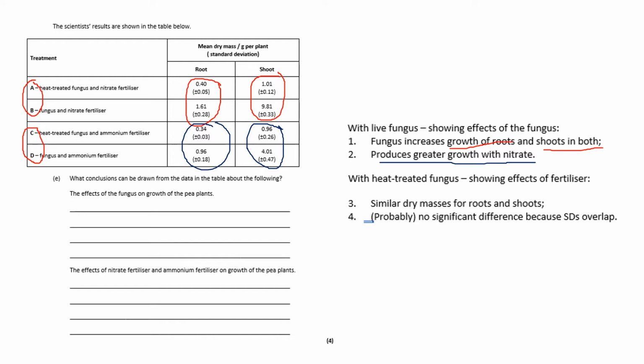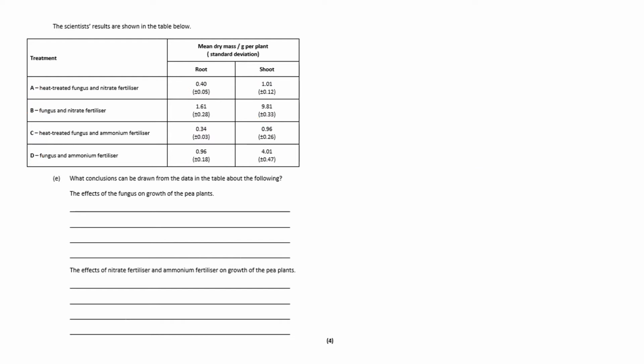Now, if you're looking at the effects of the nitrate fertilizer and ammonium fertilizer, you're obviously going to have to look at some different data for the second part of the conclusions. For the second part of this question, you need to look at the effects of the nitrate fertilizer and the ammonium fertilizer on the growth of the pea plants.